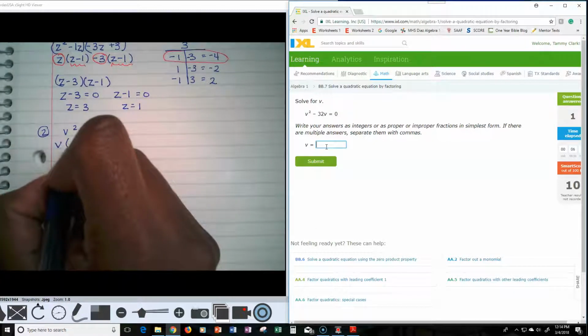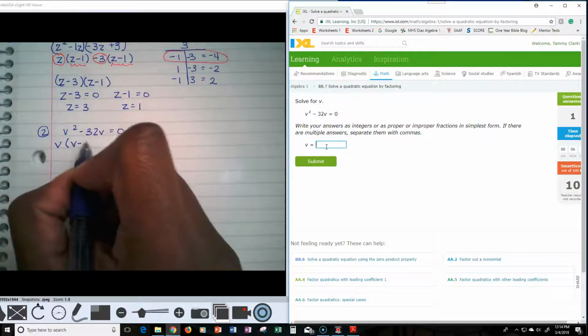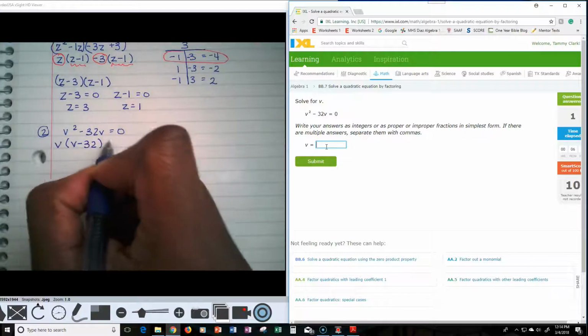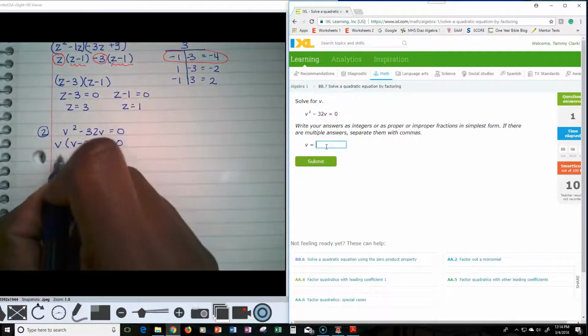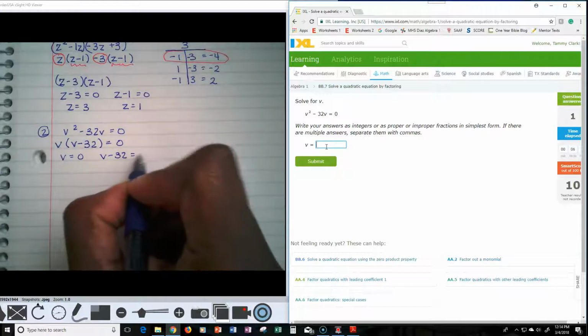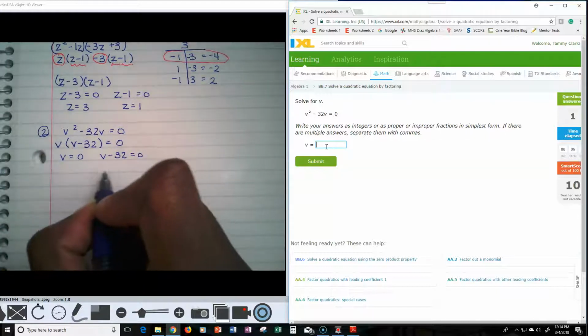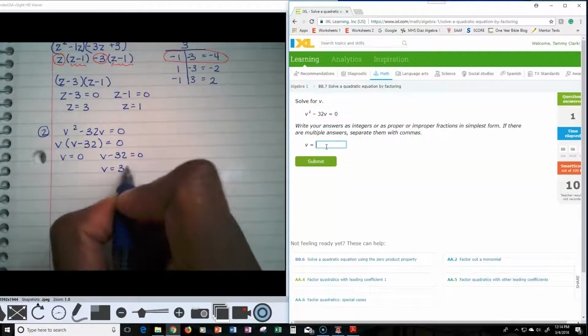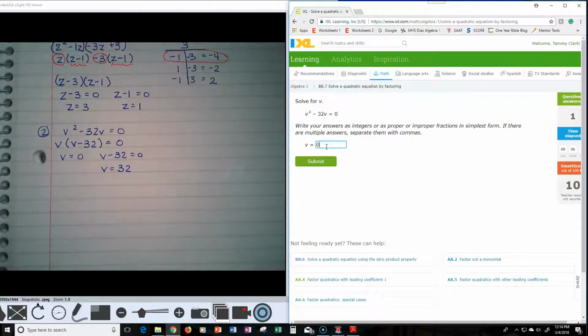So v times v minus 32 equals 0, set both equal to 0. Oh, they gave us a nice one here. So we already know one of the answers is 0, the other answer is 32. Same thing, so I won't do this one, I'll look for a different one.